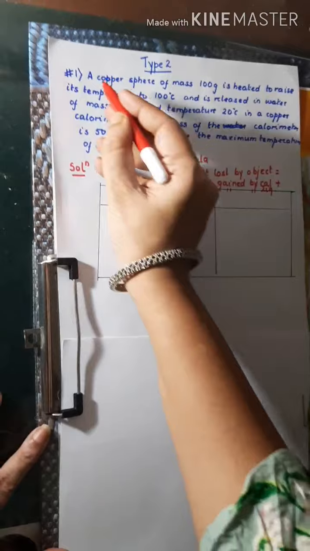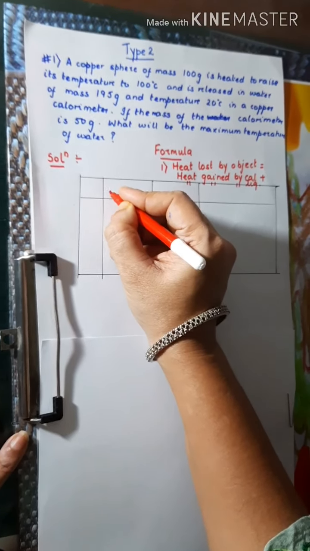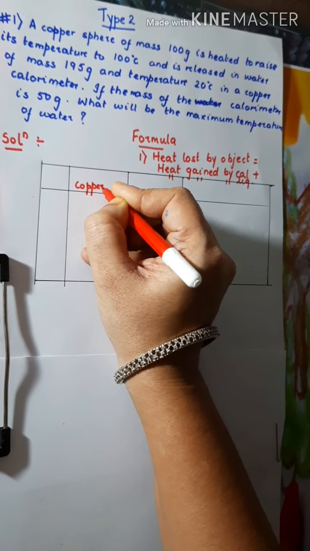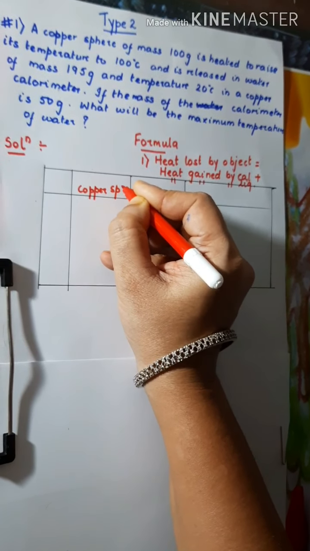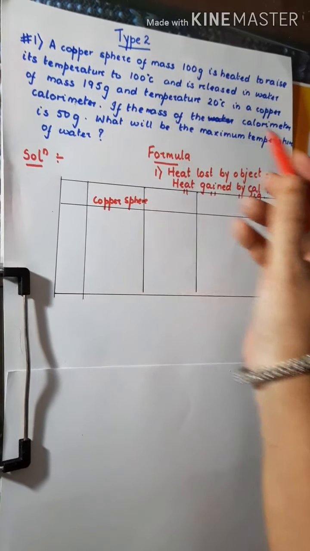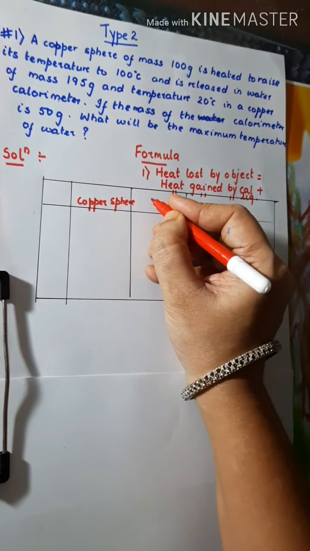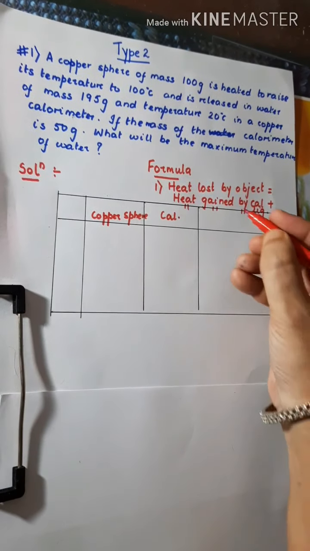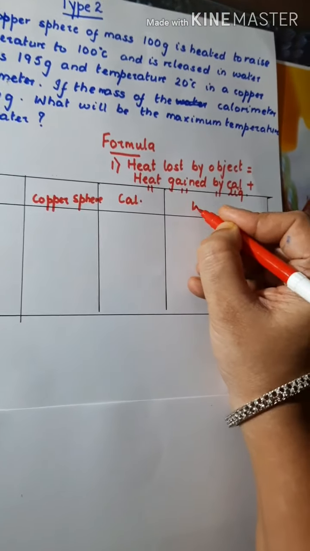Now, a copper sphere. So first I am going to write about my copper sphere. Then I am going to write about the calorimeter. We know it's a copper calorimeter. And then about water.